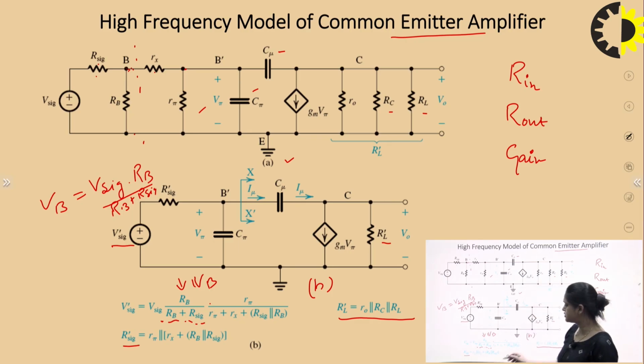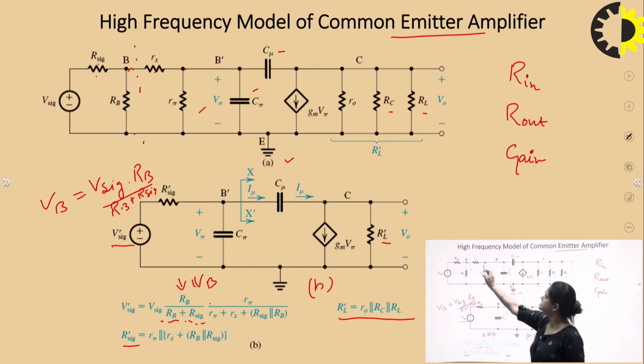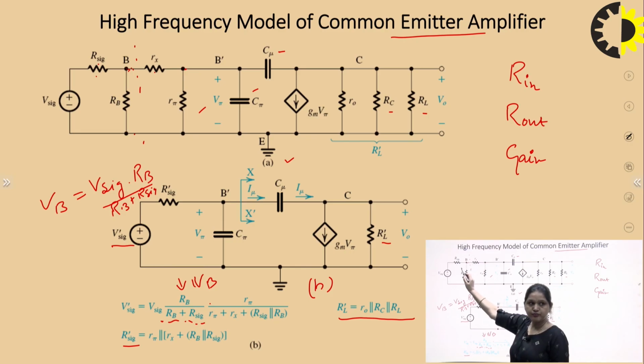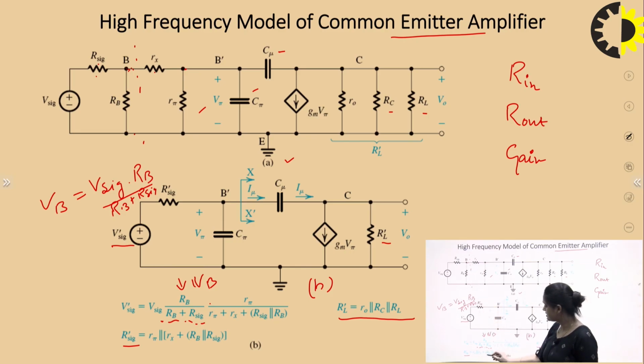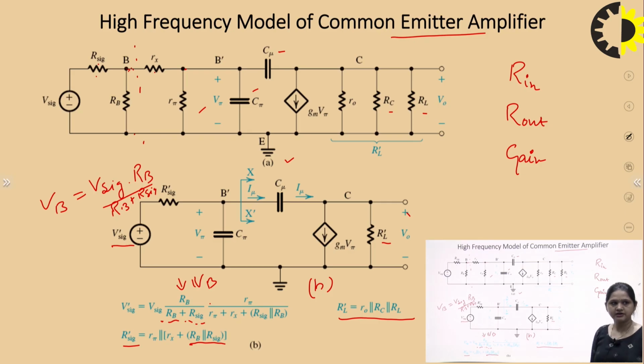This R pi is in parallel with this Rx, but there is also RB parallel R signal from the first voltage divider. So the overall R signal dash will become R pi parallel Rx plus RB parallel R signal. So this is the equivalent resistance R signal dash. Now see, this is a very simplified circuit.